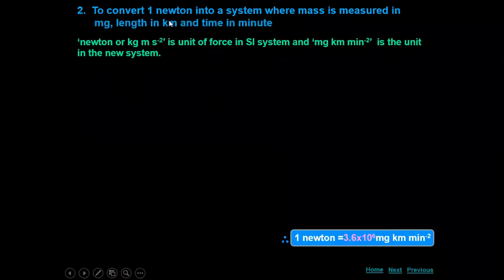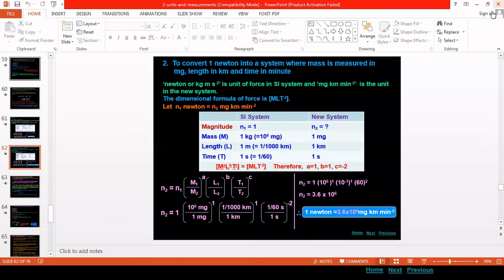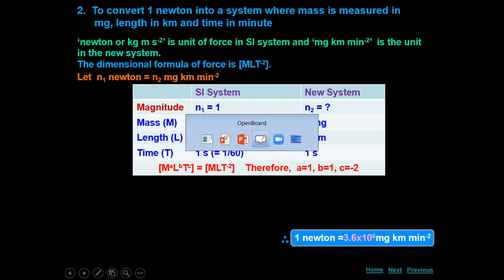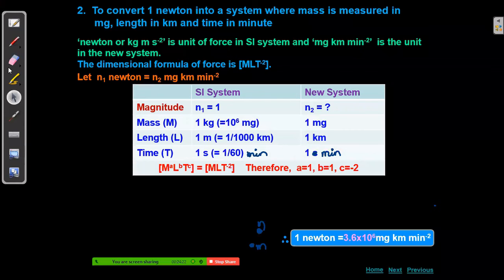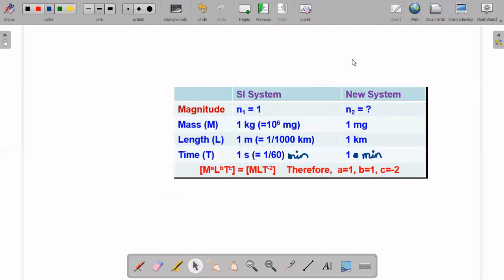So what we want is to convert 1 Newton into milligram kilometer minute, right? I'll take a snap of it. Just hold on.